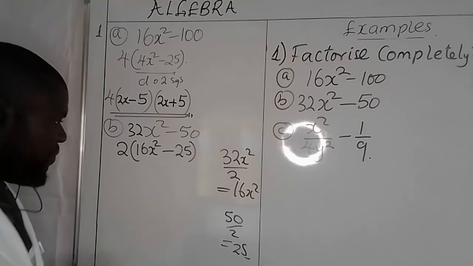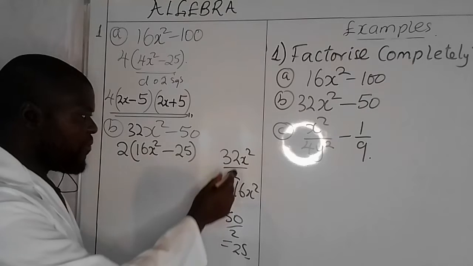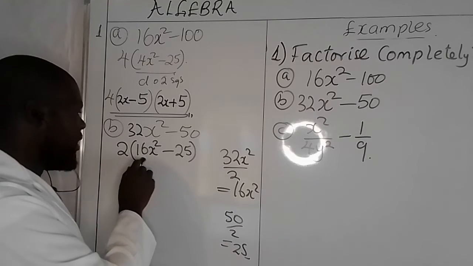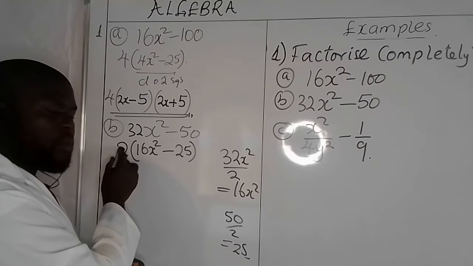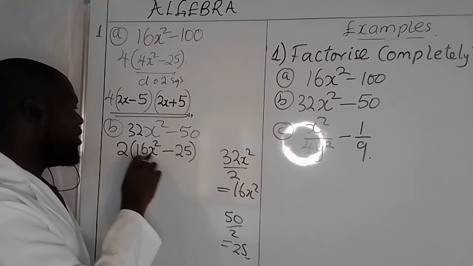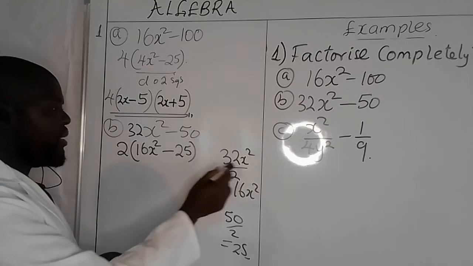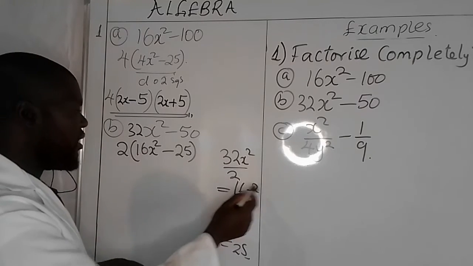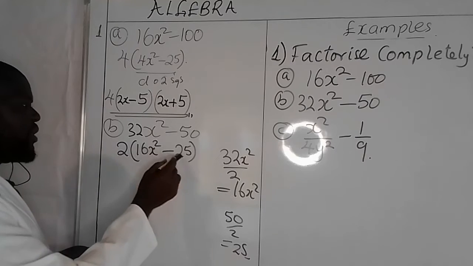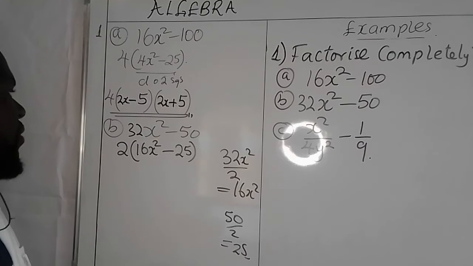This is also one way of finding what will remain inside the brackets: just divide. 2 into 32x squared is 16x squared, 2 into 50 is 25.